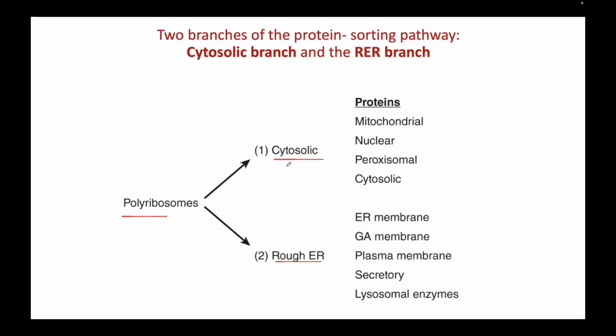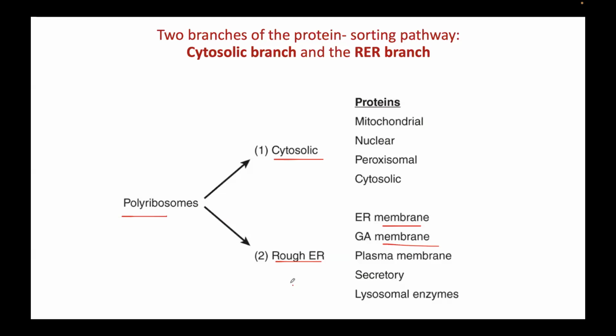Proteins that will be sorted in the rough endoplasmic reticulum are the membrane proteins of the endoplasmic reticulum and the Golgi apparatus, as well as the plasma membrane proteins. The rough ER is also the branch where secretory and lysosomal proteins will be sorted.